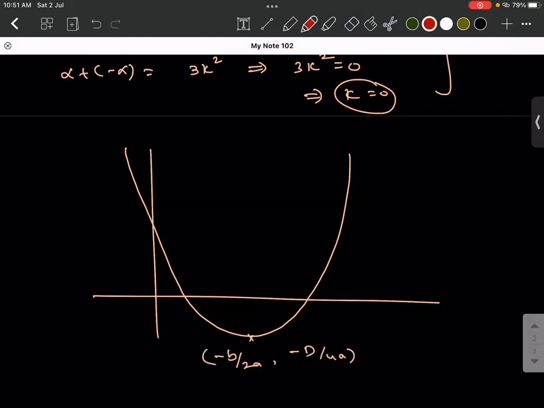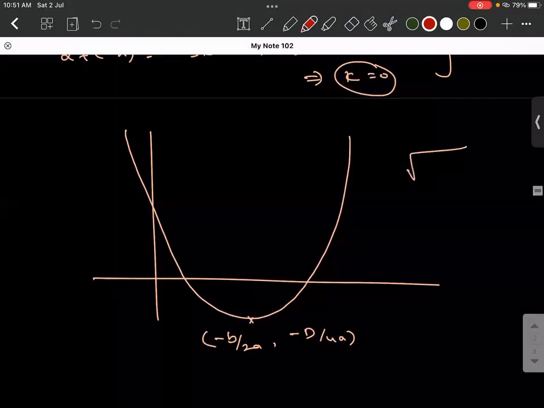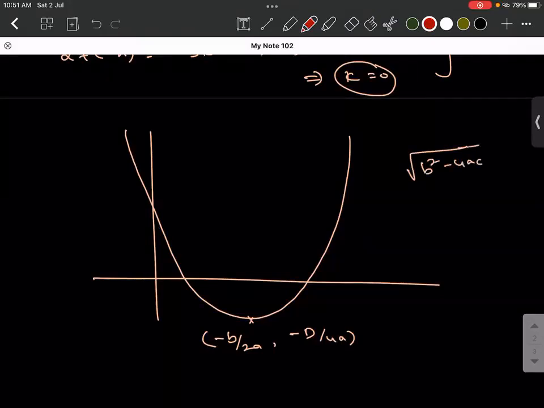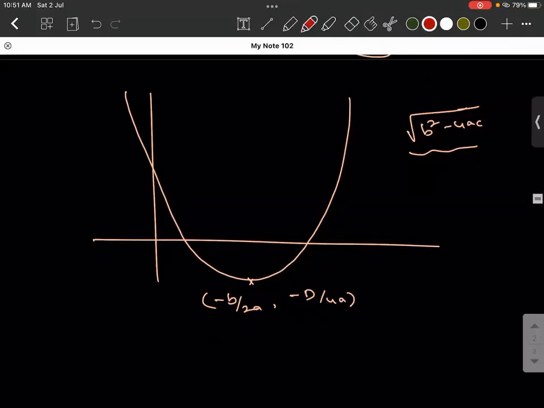You know what d is? Discriminant. Root of b square minus 4ac divided by 4a. So whenever you get an upward parabola, a is by default greater than 0. So option A and B should be right. B and C are eliminated.